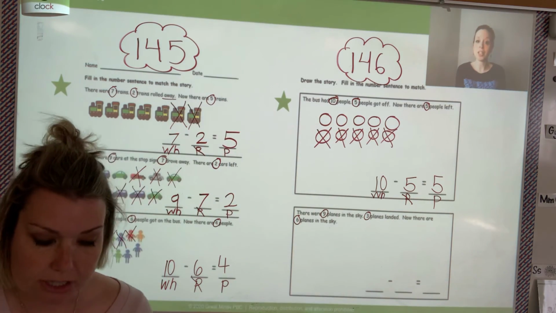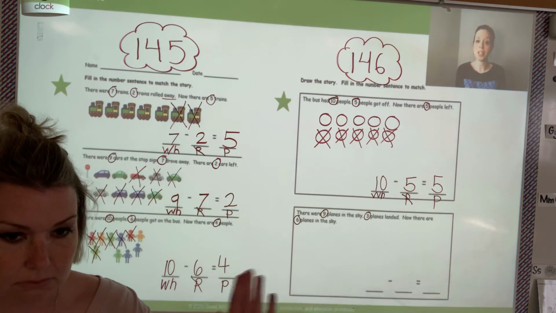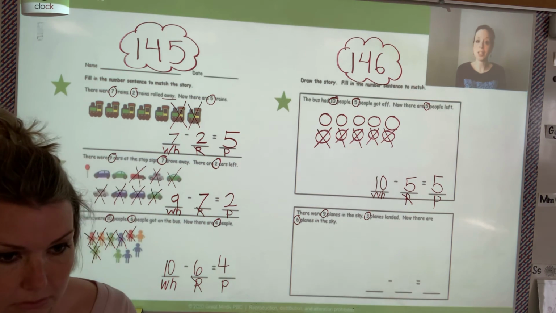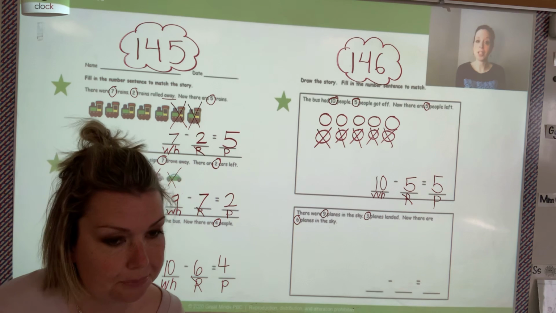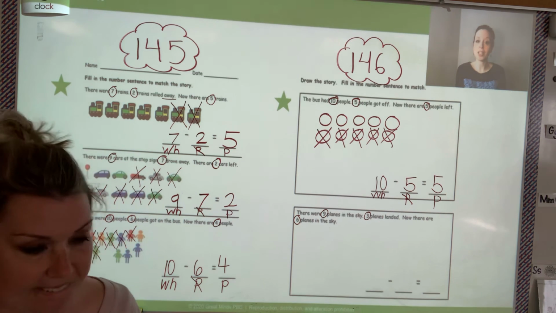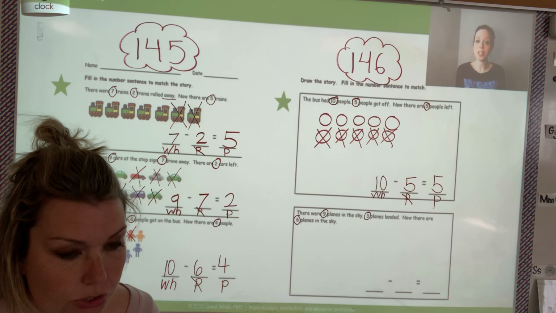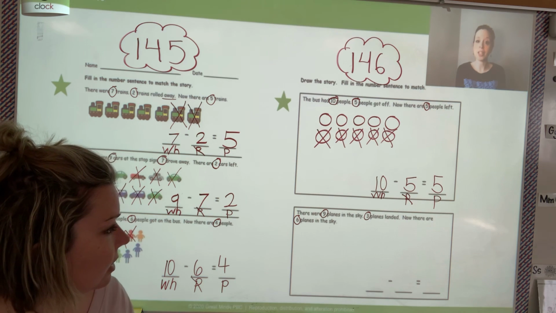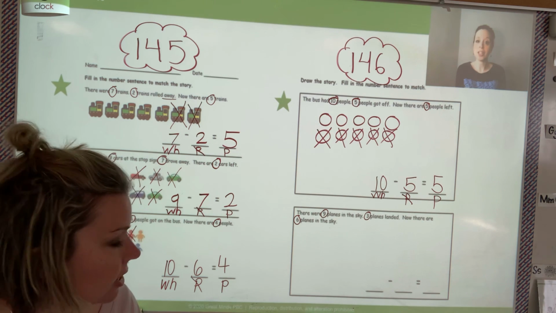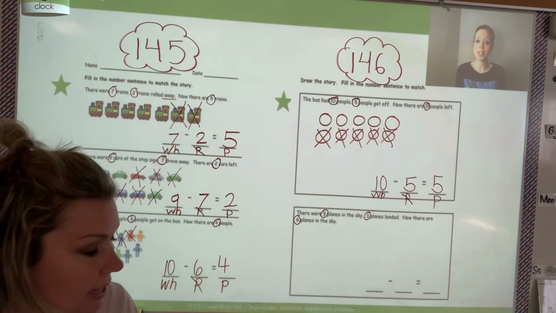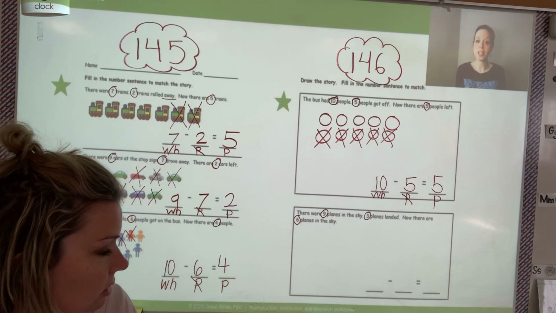Landon, what's your question? Can you read me the sentence again? Yes, and also I want to do this at the end of the call. Sure. Okay, so the story problem says, there were 9 planes in the sky.